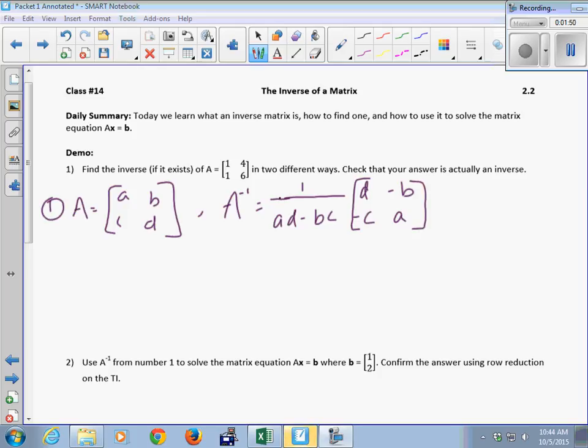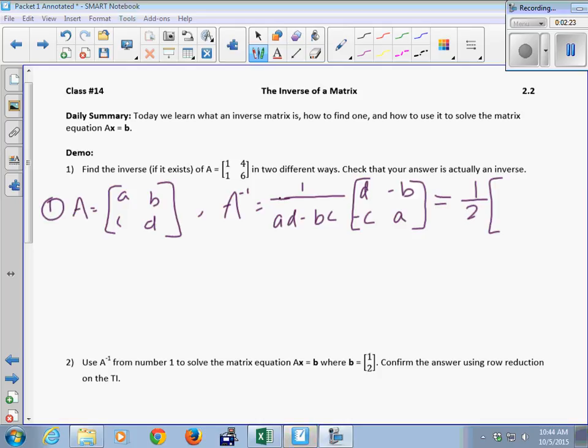Okay, so my matrix A is [1, 4; 1, 6]. So my A is 1, my B is 4, my C is 1, and my D is 6. Right, so when I find A inverse, in this case, it's going to be 1 over A times D, which is 6, minus B times C, which is 4. I'll just do it all in one step. 1/2 times my matrix.